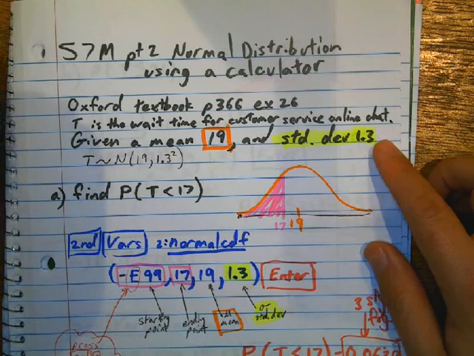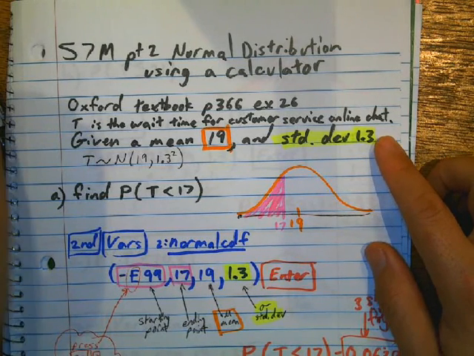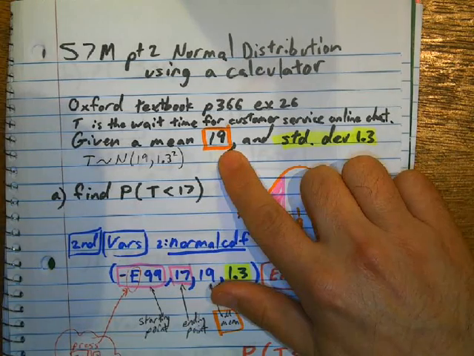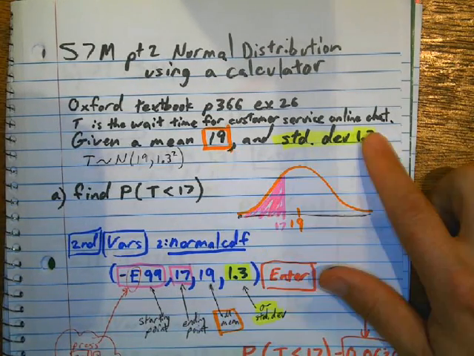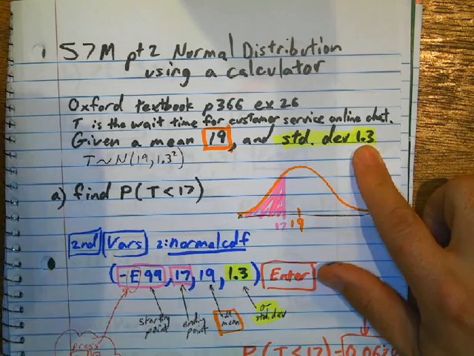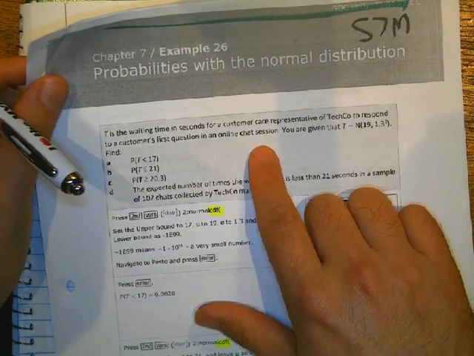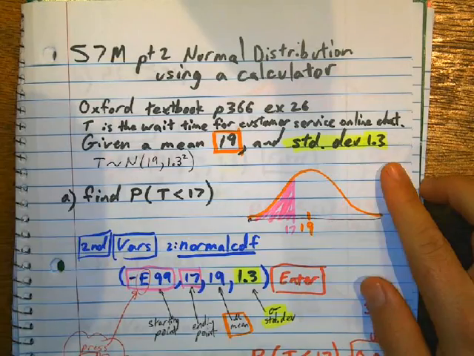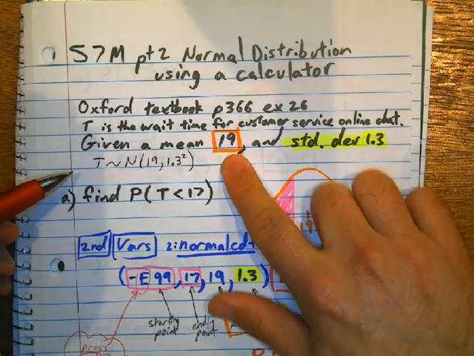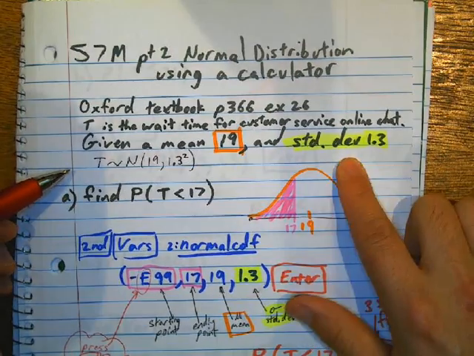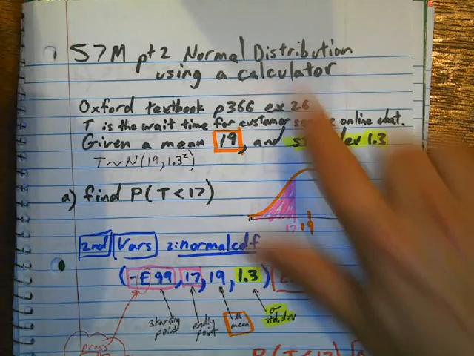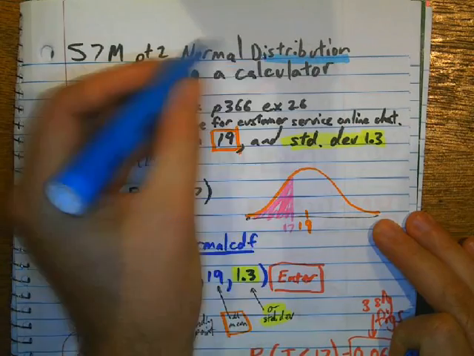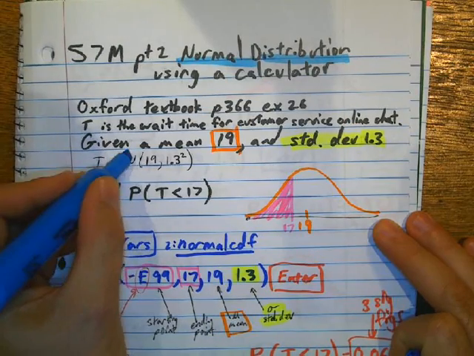It says T is the waiting time for customer service online chat. The mean waiting time is 19 and the standard deviation is 1.3. When you see a mean and standard deviation like this in normal distribution, they're going to write it with an N like that.